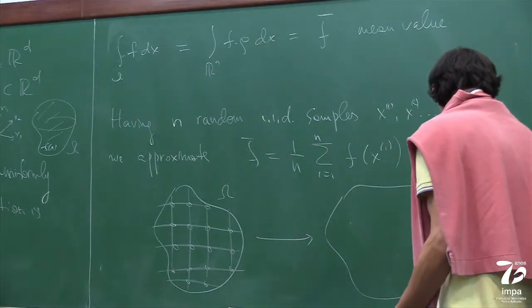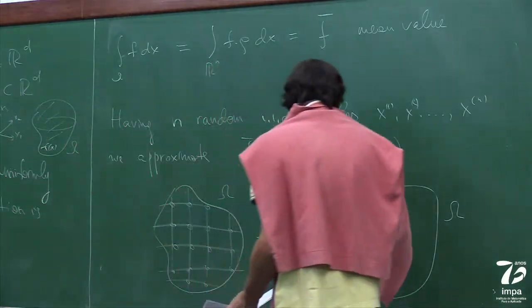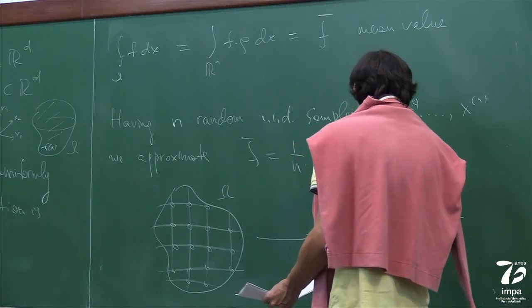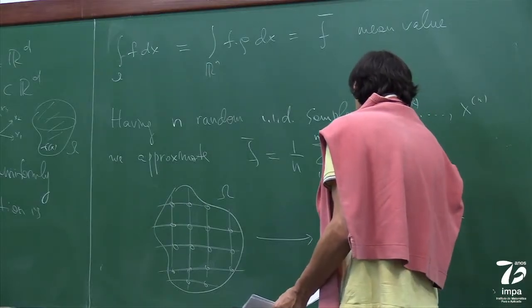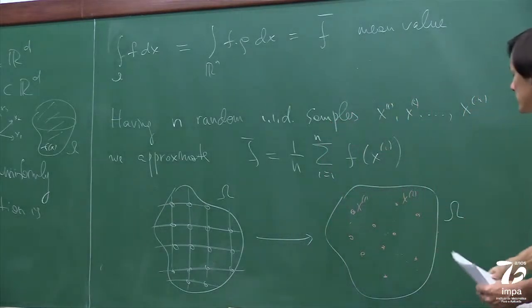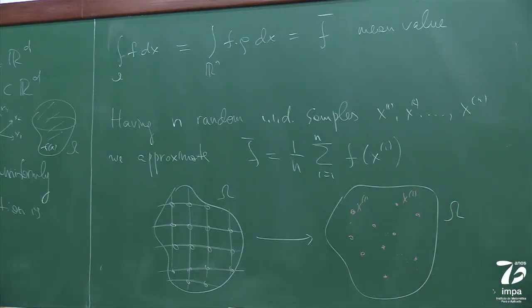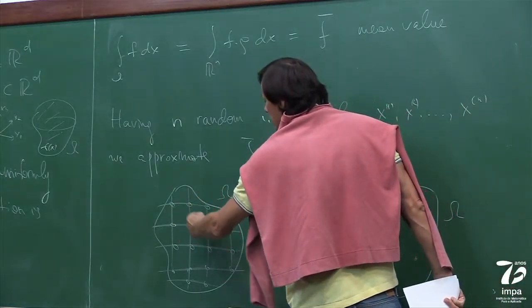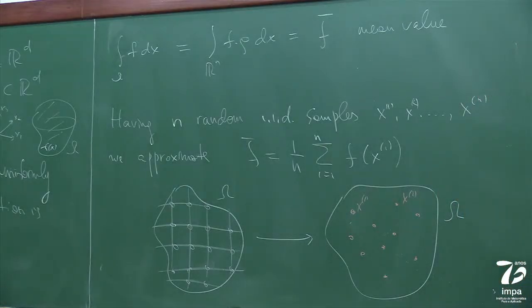And what you do is you randomly put points here, but such that it's uniformly distributed, so they appear everywhere with exactly the same probability. Now instead of summing the function at this regular set of points, you sum the function at an irregular set of points.